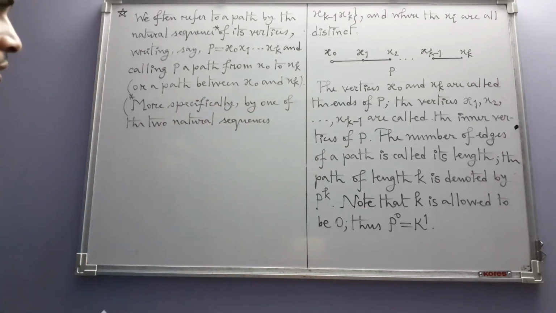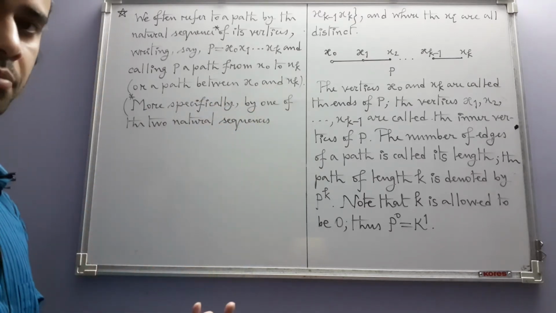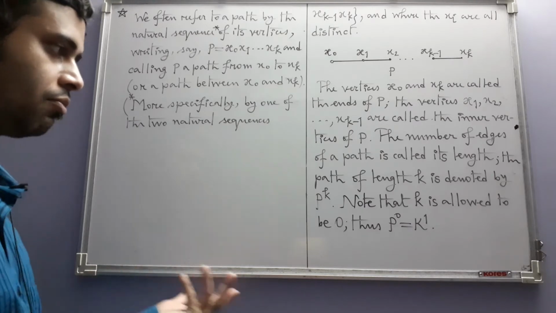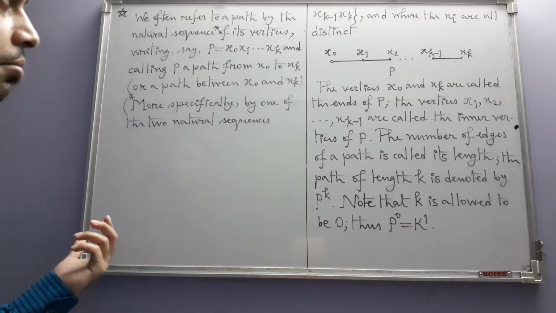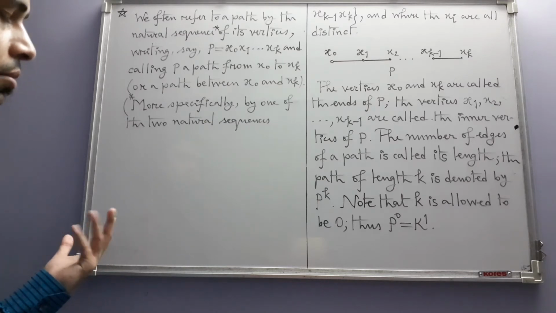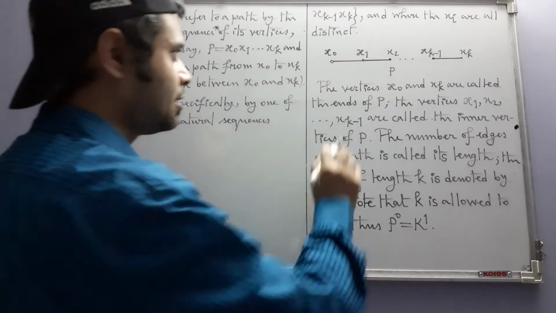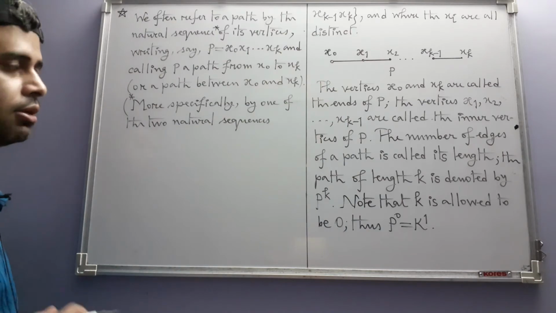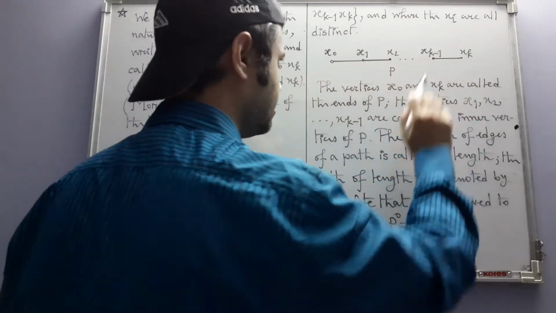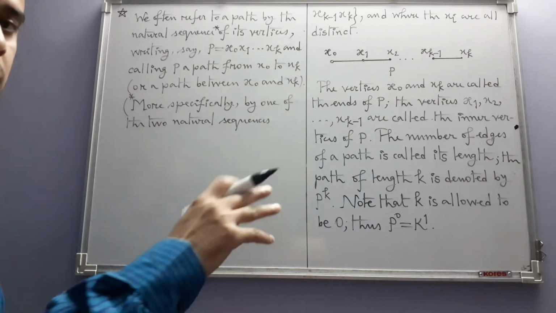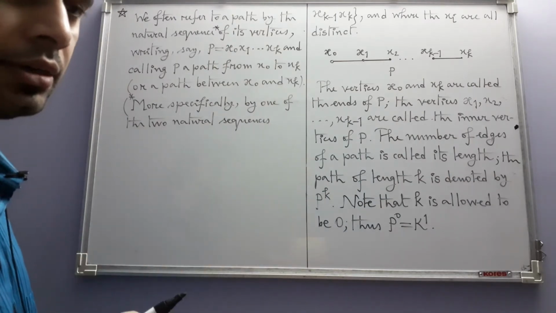When we write the vertex set of a path, its vertices come in some sequence, but of course the path itself determines two natural sequences, one which starts from x0 and ends at xk, and the other which starts from xk and ends at x0.